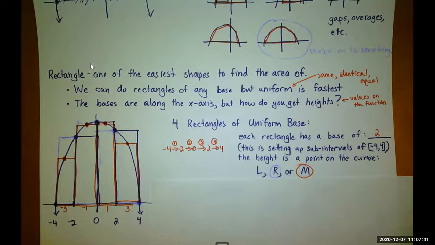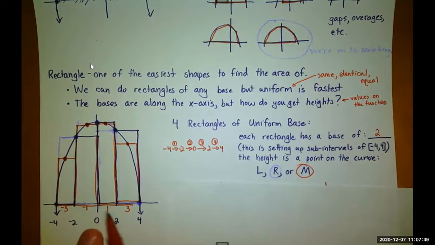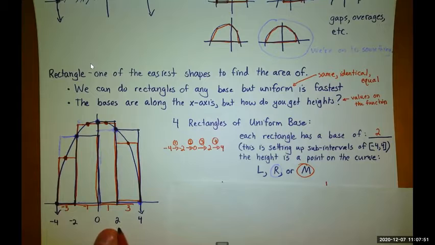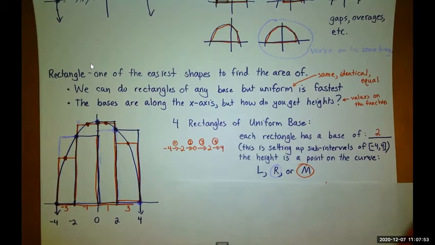So again, our first rectangle goes from -4 to -2, the second one from -2 to 0, the third one from 0 to 2, the last one from 2 to 4. We can choose to use the x value at the left side for our 4 rectangles, or the right side for our 4 rectangles, or we choose the midpoint between the left side and the right side.